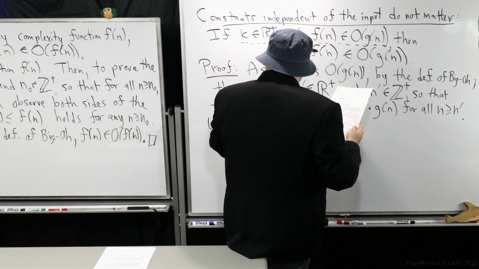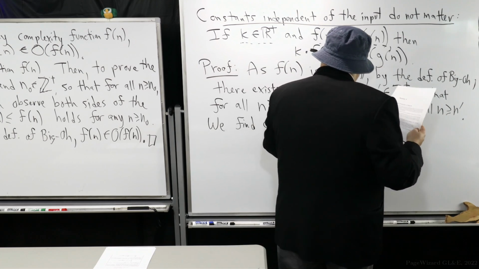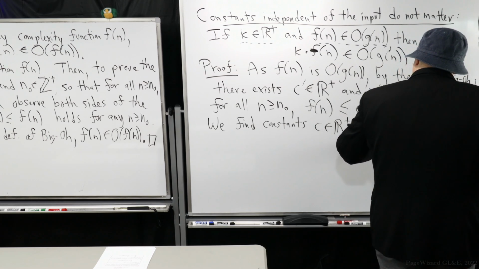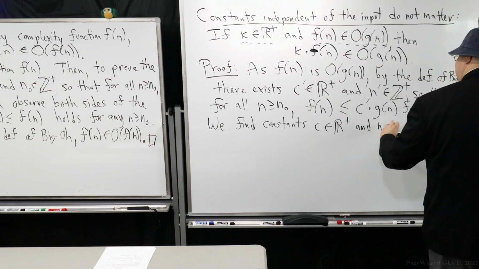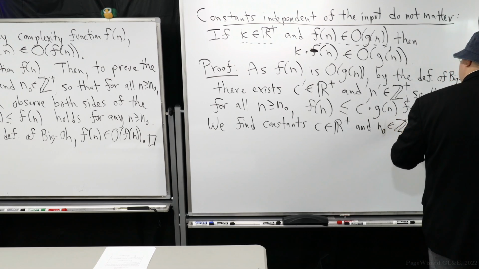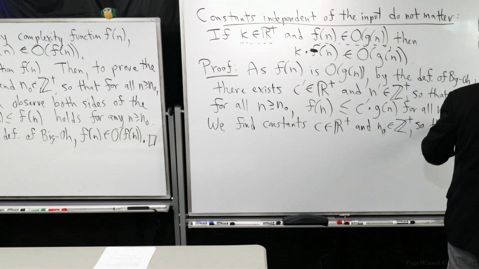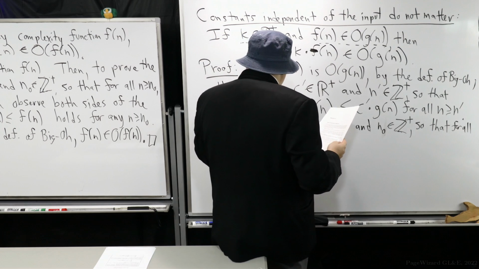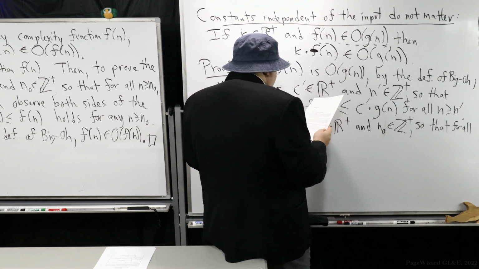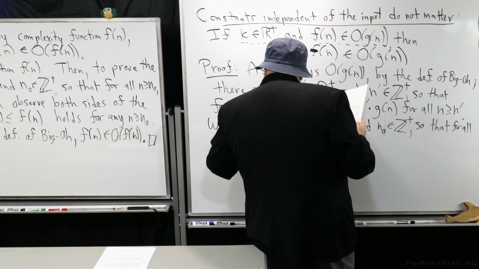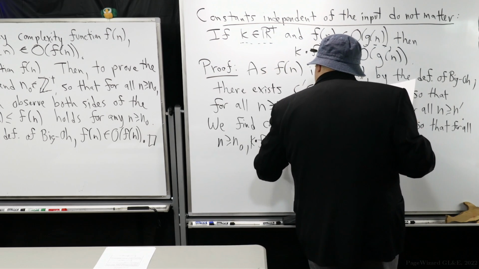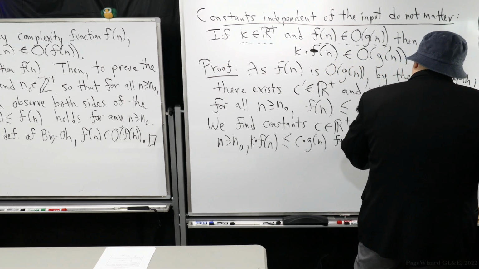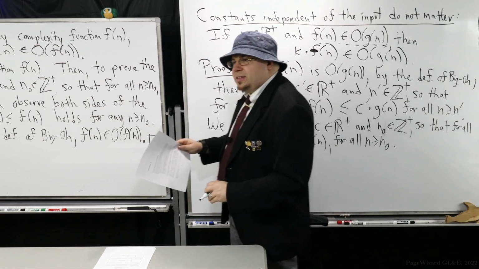We find constants, C, which is a positive real number, and n0, which is a positive integer, so that for all n greater or equal to n0, it has to be that k times f of n is less than or equal to C times g of n for all n greater or equal to n0. So that's what we need to do next.